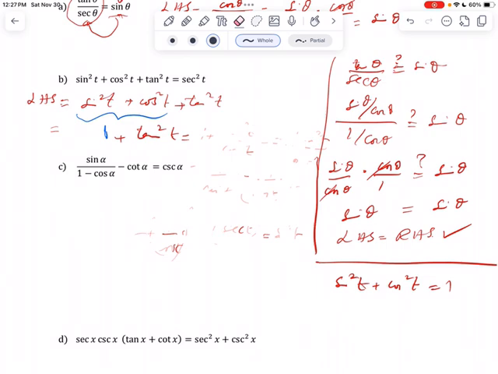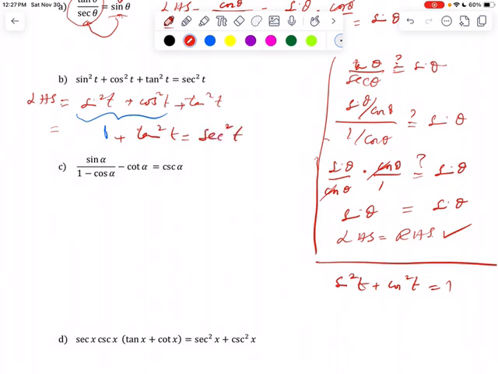Because if you know your identities, then when you see some expression, you can relate it to, oh, this looks like that identity, or one side of the identity, so I think I can use that. And then you try, and you might be able to get the correct answer. So I am just going to leave it like this one.